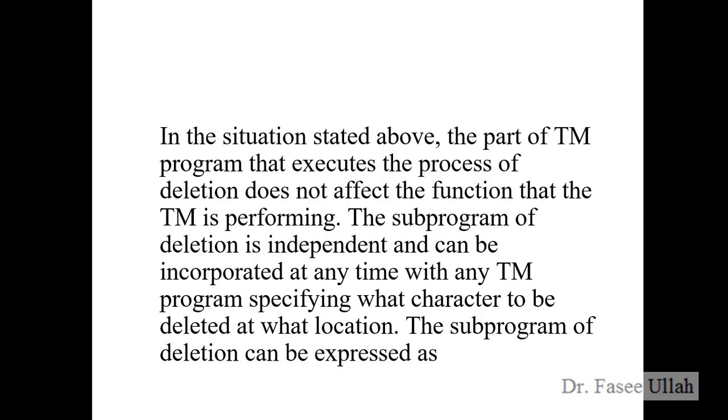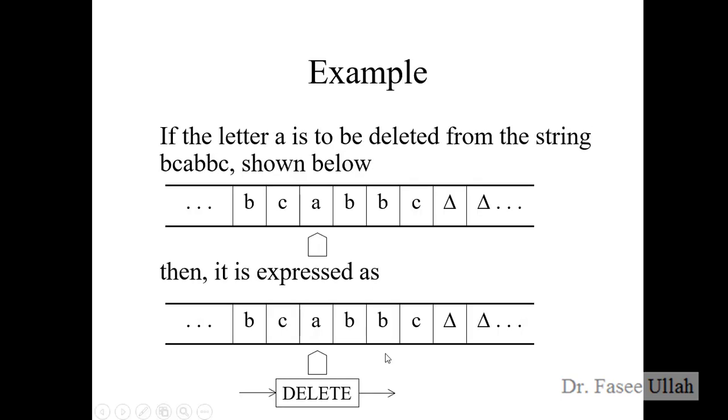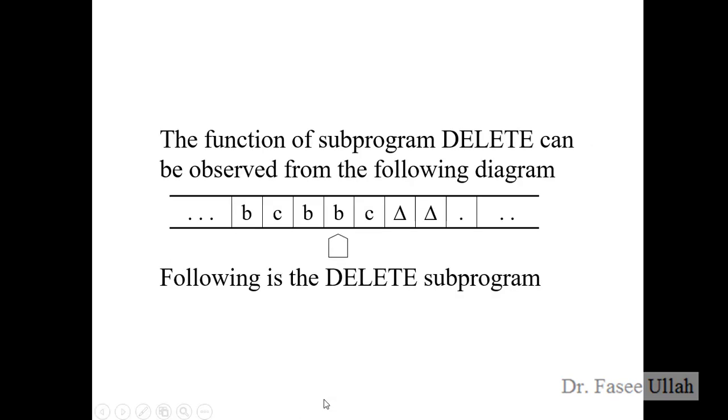The subprogram of deletion can be expressed like this: here at the current state we are in the cell A, and we are interested in deleting that letter A. Once we delete it, of course all of the characters on the right side will move one step each toward the left. So that is done.